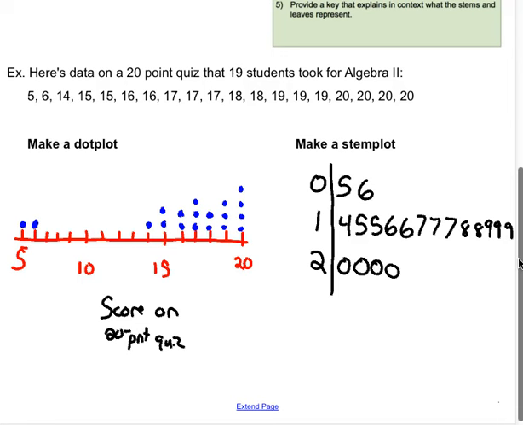So in this case, my stem represents the tens place. My leaves represent the ones place, the unit digit. Okay.